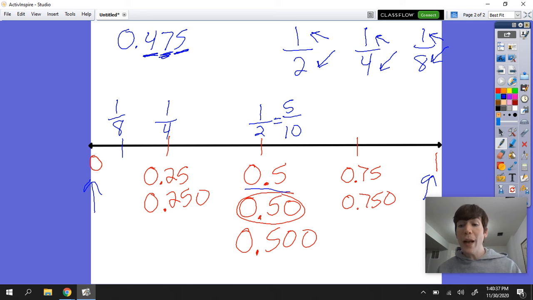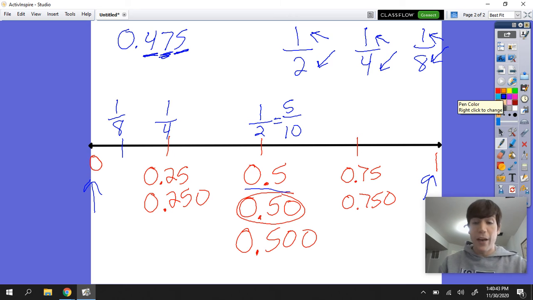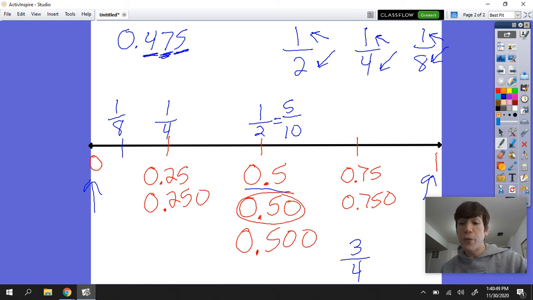Now, we do have to think about what would happen if, for instance, I had a fraction that wasn't a unit fraction. So what if I had a fraction that looked like this, for example, 3/4? You'll notice here it takes 4 pieces to make a whole in my denominator, but I do not see a 1 in the numerator. Rather, I see a 3 here.